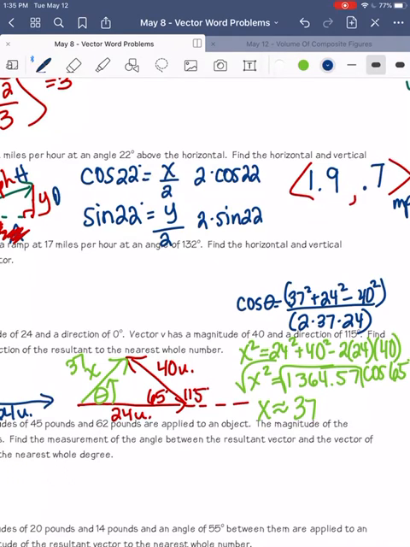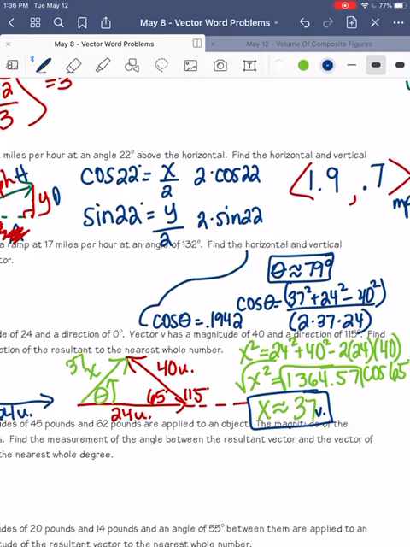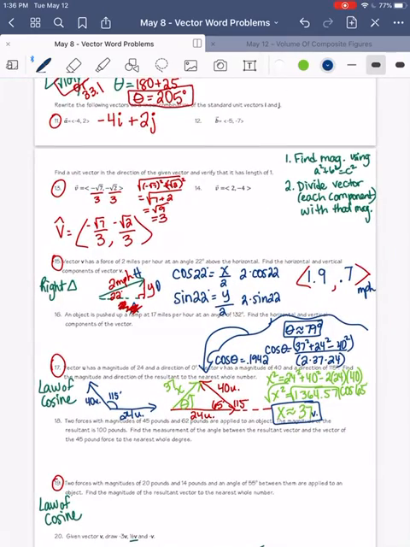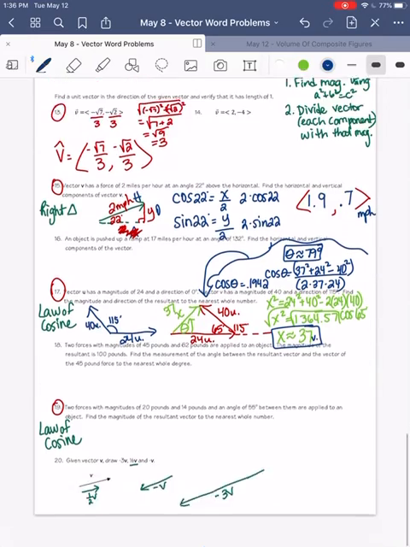And then I get, and then I'm going to do second cosine, inverse cosine, and it should give me that theta is approximately 79 degrees. All right, so all of this goes for problem 17 there. All right, so 37 units at 79 degrees.